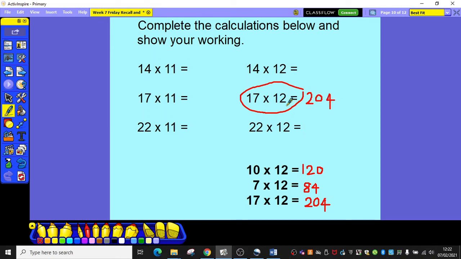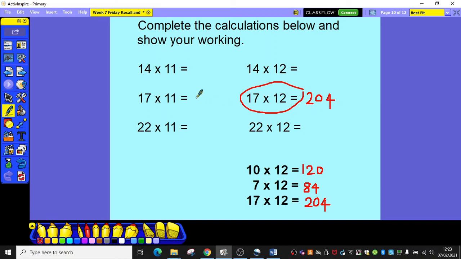Or I could think of it as 12 lots of 17. So if I think of this then as 11 lots of 17, I can now subtract 17 from this number. So 204 take away 10 is going to give me 194. And then from 194, I'm going to take away 7. So from 194, I'm going to take away 4 to get to 190.